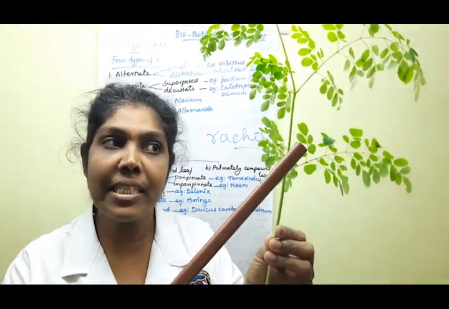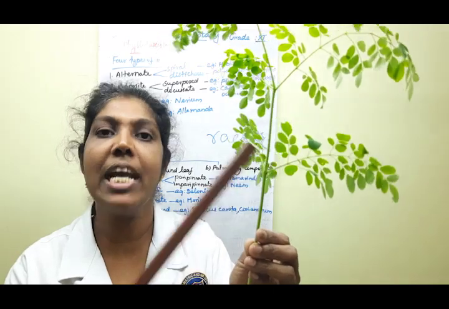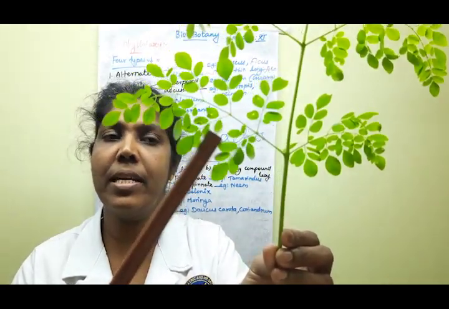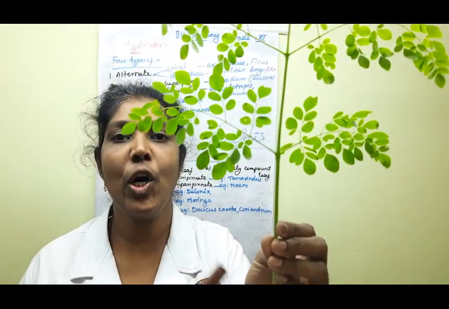Clear? Only on this tertiary rachis are the leaflets present. Clear, children? First the primary rachis, then the secondary rachis, and again a tertiary rachis. Only on the tertiary rachis are the leaflets present. That is known as tripinnate.